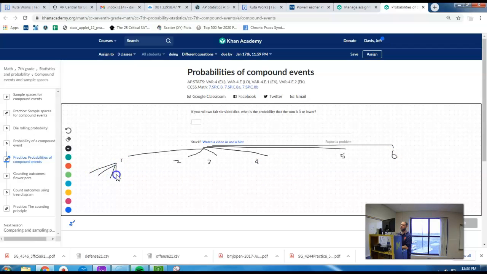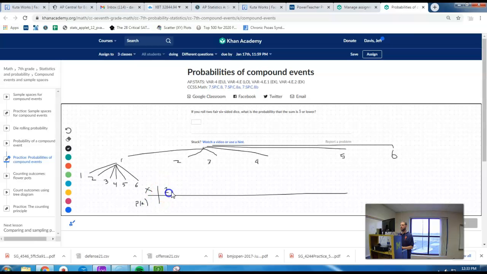And then under any of those, there's another 6 branches of the tree in all of these spots. So you end up with 36 combinations. 6 there, 6 there.